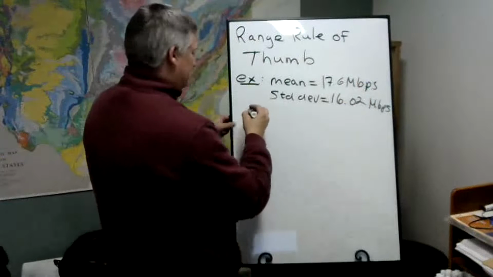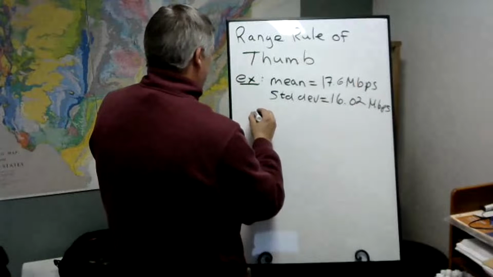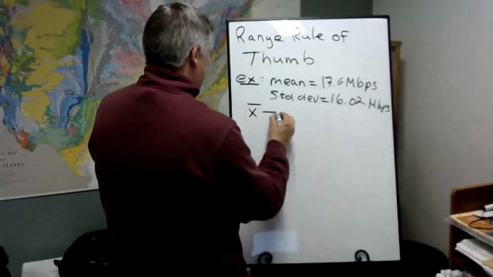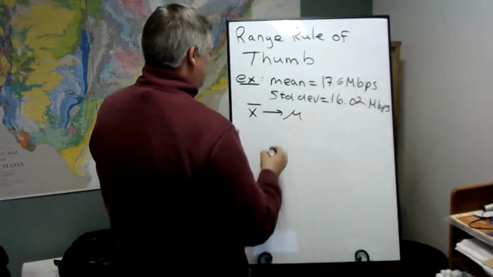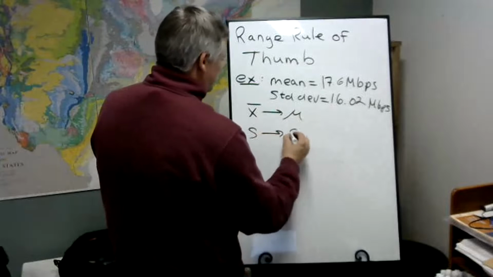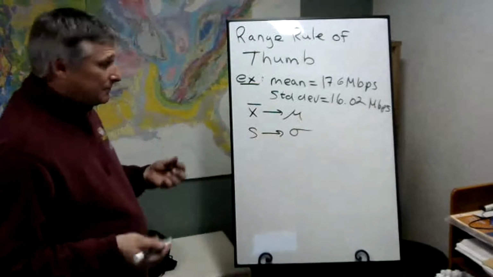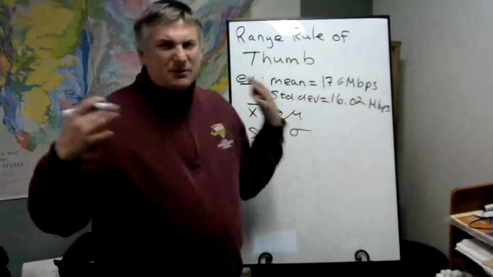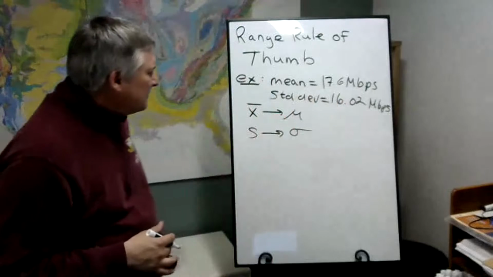For the significant low, we're going to let X bar stand in for mu, and we're going to let S stand in for sigma. This was a sample of 50 values.